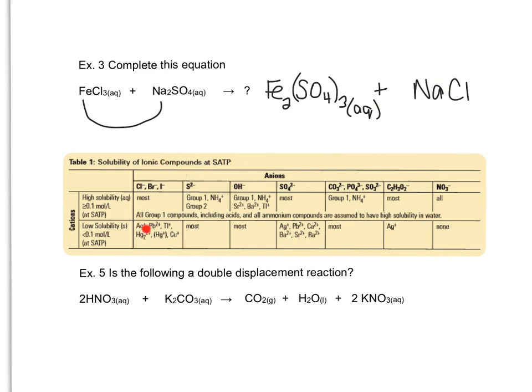We come over here to the chlorides. Sodium is up here with the most, so this is also AQ. So when you have a reaction that has two AQ products and nothing else, you don't even have to bother balancing after, because you put a line through it and it's an NR. It's a no reaction.